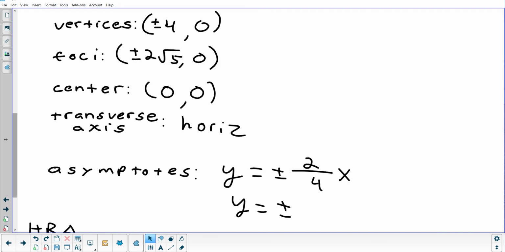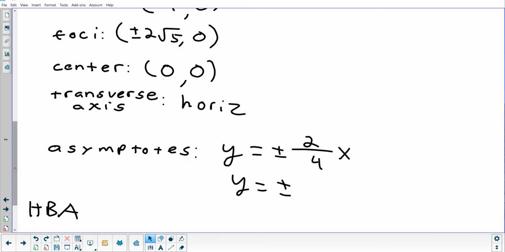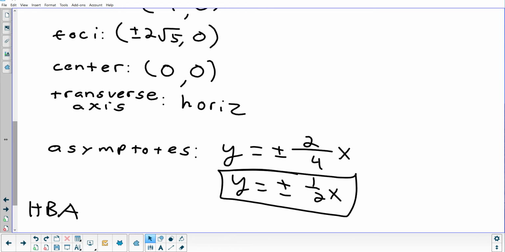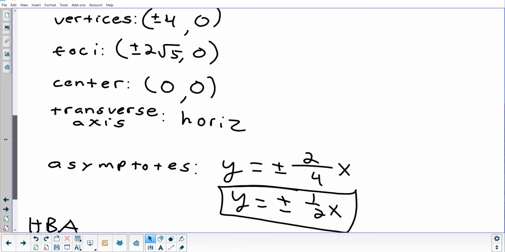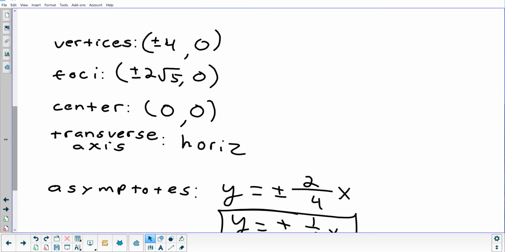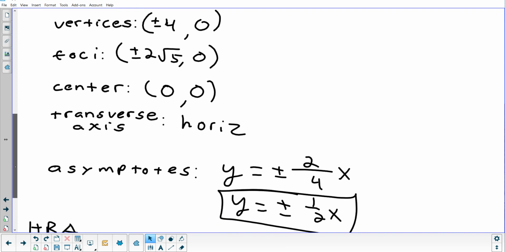So y equals plus or minus 1/2 x. Okay. So there's vertices, foci, center, transverse axis, and asymptotes. Questions on describing a hyperbola?